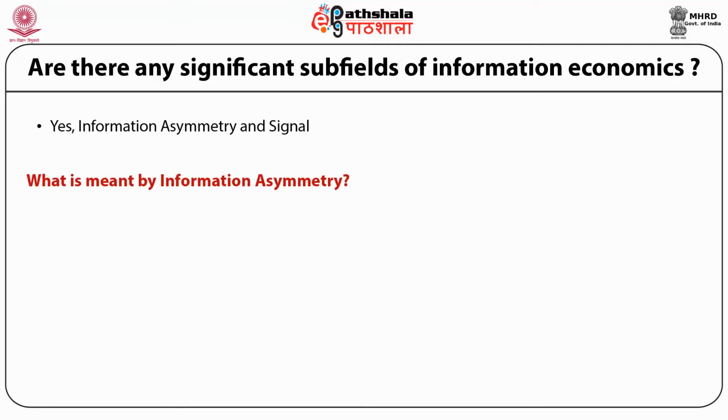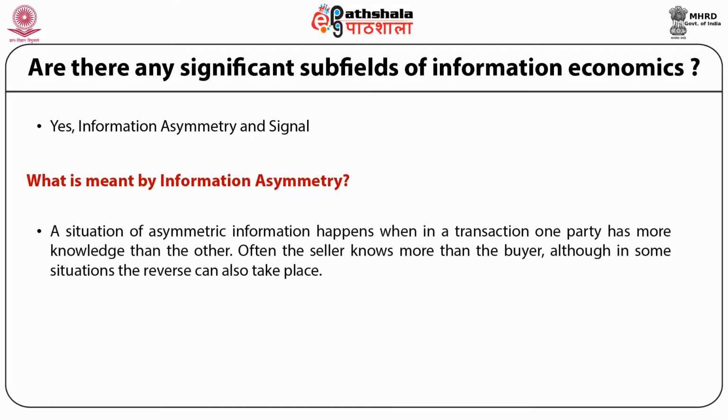Now, what is meant by information asymmetry? Well, the situation of asymmetric information happens when in a transaction one party has more knowledge than the other. Often the seller knows more than the buyer, although in some situations the reverse can also take place.